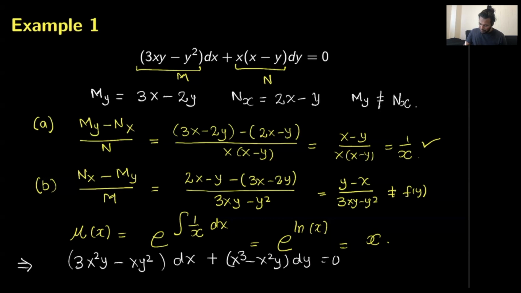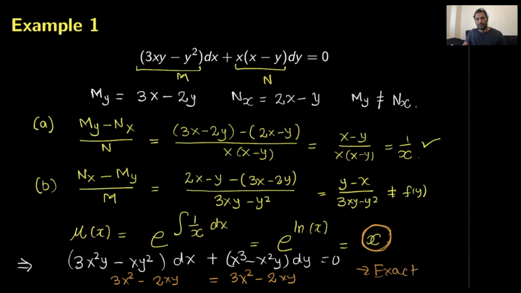Now if I compute the partial derivatives with respect to x and y, the derivative with respect to y is 3x² − 2xy, and the partial derivative with respect to x is 3x² − 2xy. So clearly these are equal. So this new differential equation is exact. It means this was the correct integrating factor, which we compute using this formula.